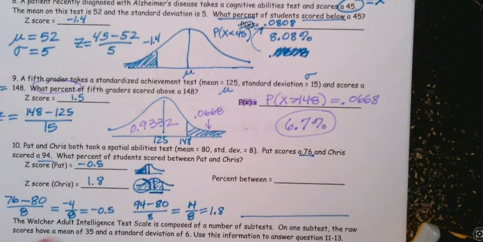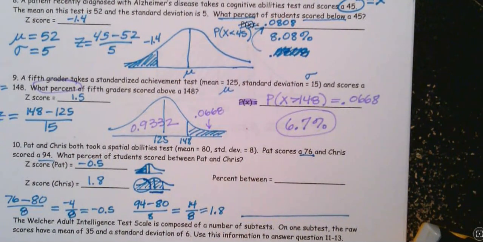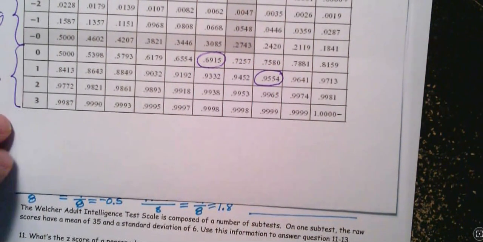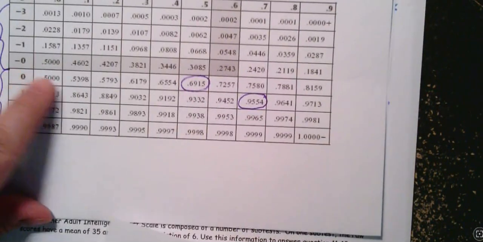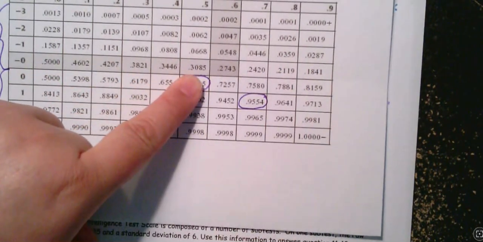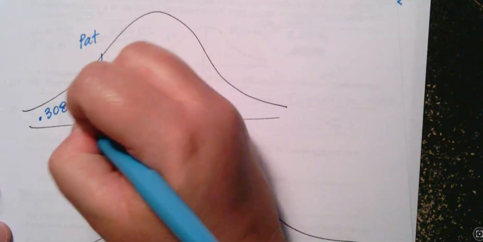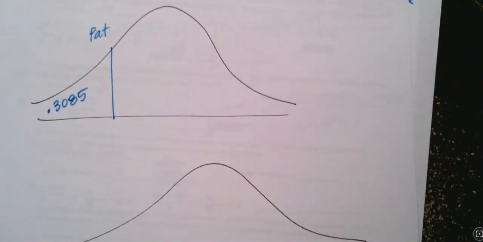Okay, so z-score for Pat is -0.5, z-score for Chris is 1.8. Let's go ahead and look at those. For Pat, -0.5 is 0.3085. So here's Pat, and 0.3085 is over here from Pat.